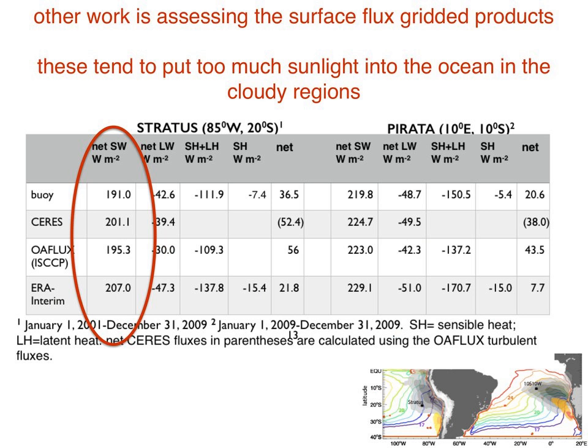We've looked at assessing these surface flux gridded products. I should have maybe put this slide earlier in this presentation. The main thing we learned from that is that these are the buoy values of the Stratus buoy, for which we have a 9-year time series that overlaps with CERES, OAFlux, and ERA-Interim.